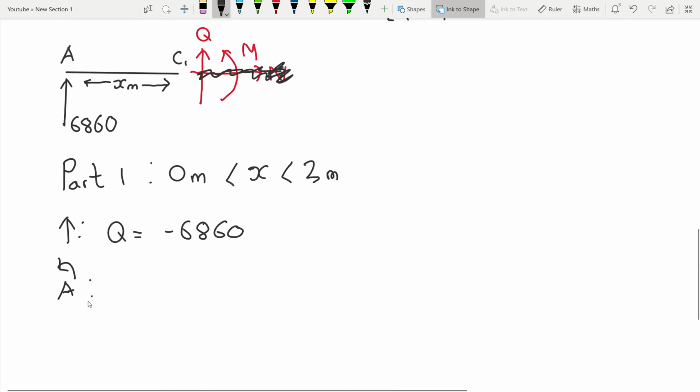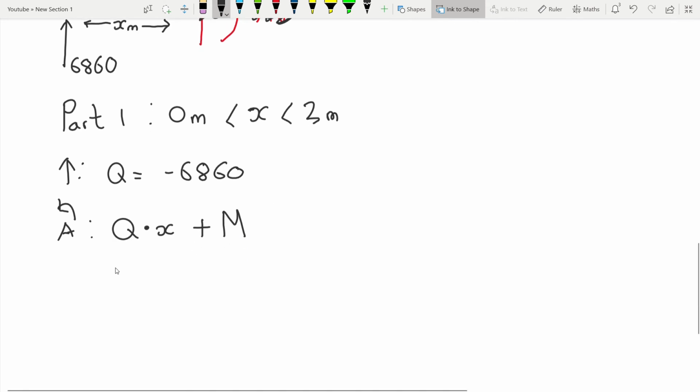So taking moments about A, we've got our force Q times x plus our internal moment M. We know our Q is minus 6,860 times x plus M. That's all equal to 0.